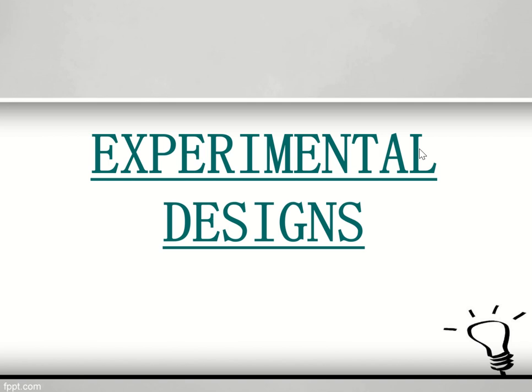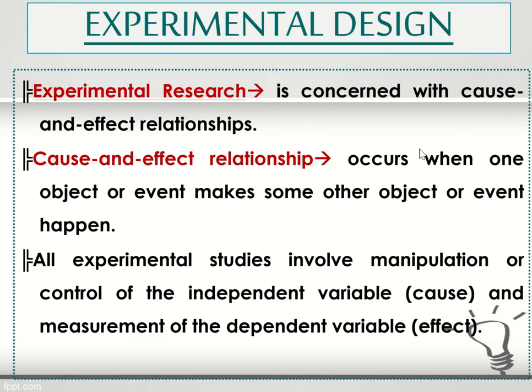So let's first focus our attention with experimental designs. So experimental research is concerned with cause and effect relationships. A cause and effect relationship occurs when one object or event makes some other object or event happen.